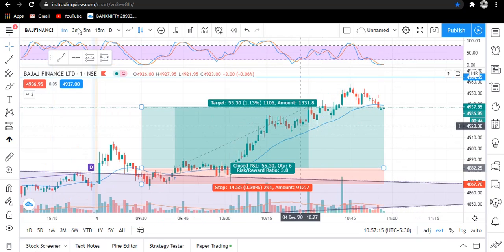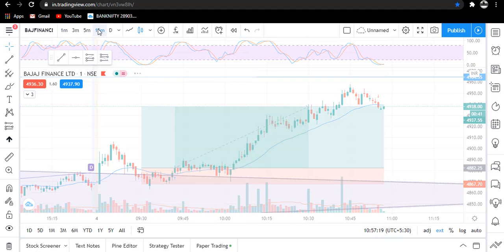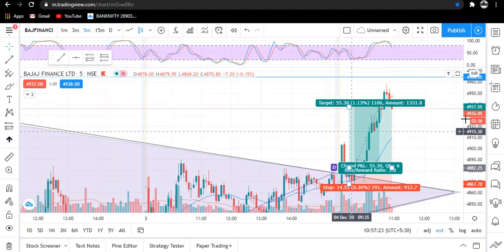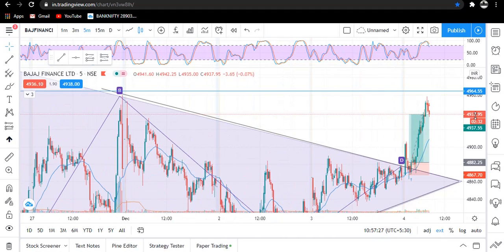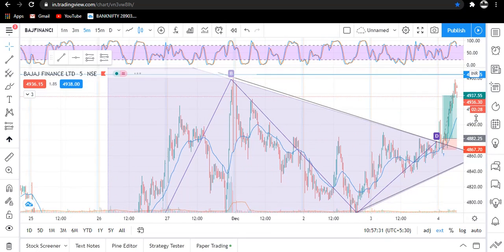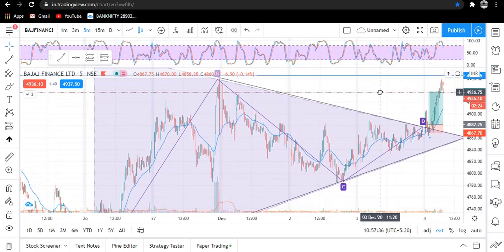Now let me explain the setup which we used. Let me open the 5-minute time frame. Yesterday on Instagram I uploaded this analysis, which was forming a triangle pattern in this Bajaj Finance stock.